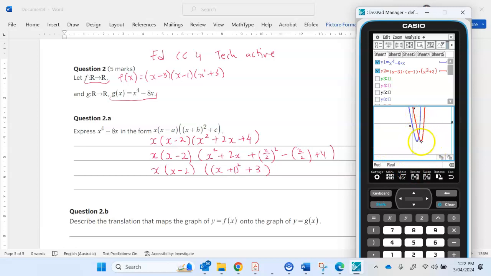It's just been shifted. So what I can do on my calculator is go to function min, and it's asking me which graph I would like. I might just start with the red one. Go. Okay, well, let's choose that one then.